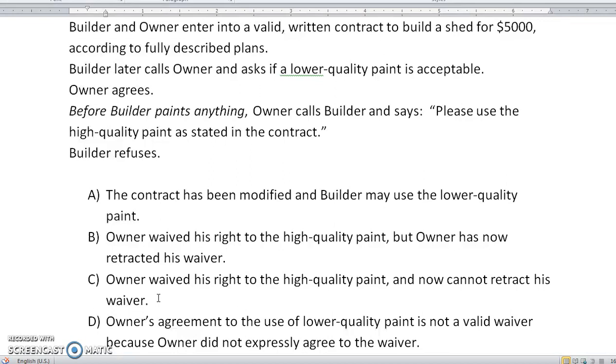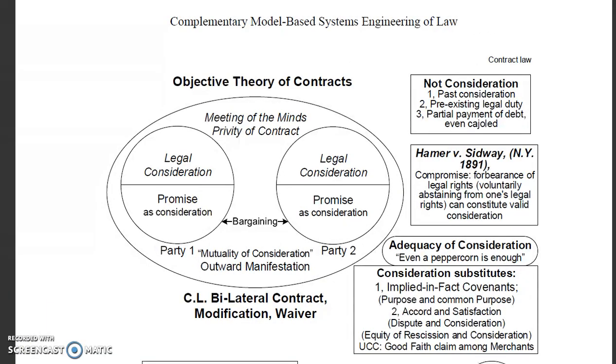That does not show up in the fact pattern, and in fact express agreement to a waiver is not a necessity in contract law in most situations. So let's take a look at the applicable diagram.